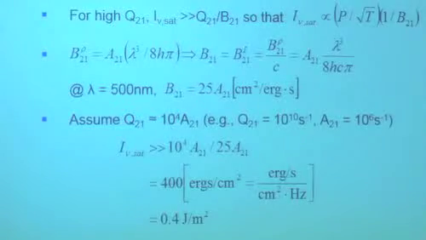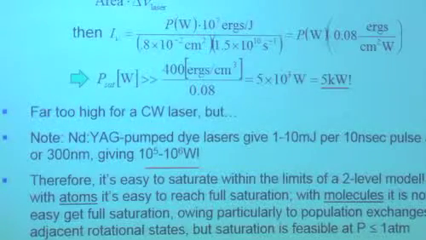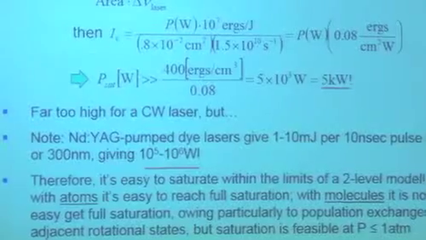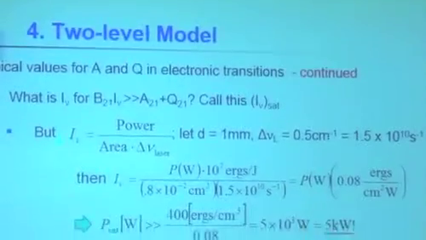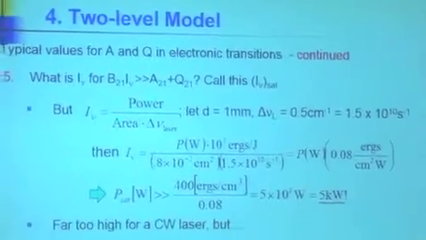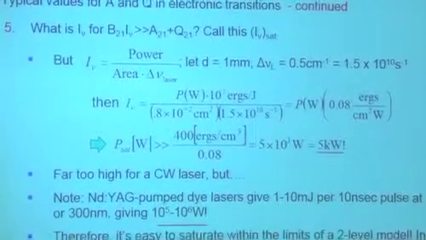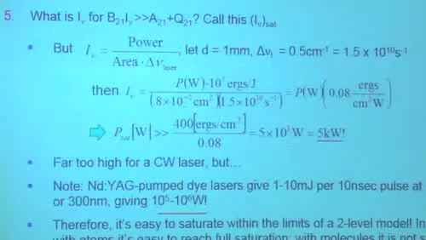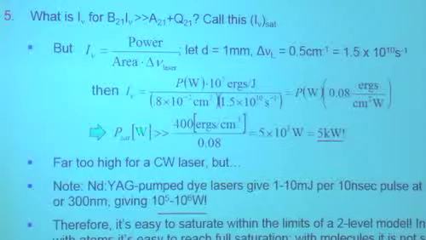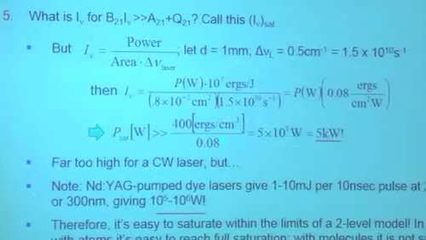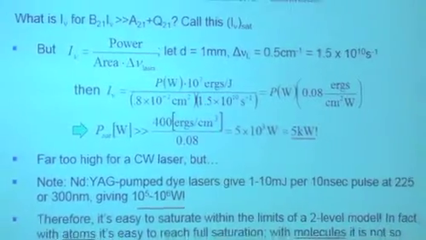That's hard to deal with, so we'll switch it over to terms of power. I can represent the intensity as the power of my laser divided by an area and some sort of frequency width. Now solve for power in order to saturate, and you get 5 kilowatts.